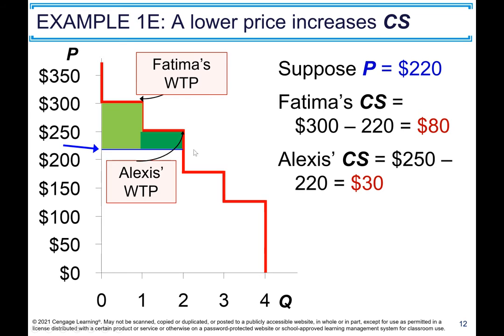But Alexis will join the market also. Alexis' willingness to pay is $250. The price is $220, so Alexis will have $30 worth of consumer surplus. Total consumer surplus, therefore, is $80 plus $30.